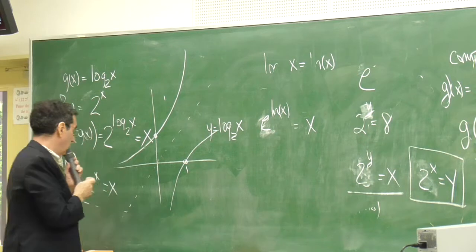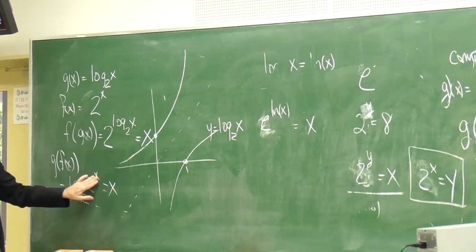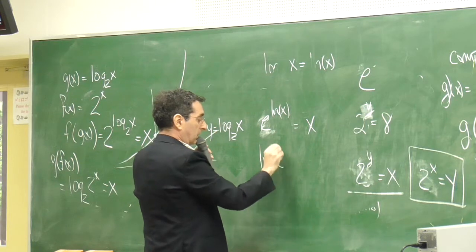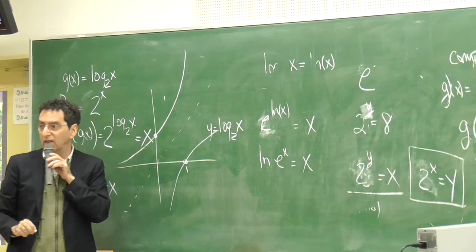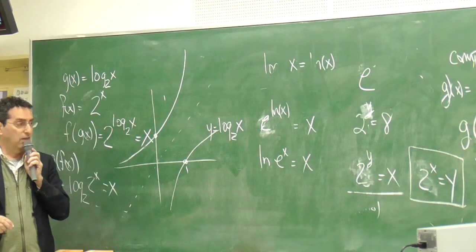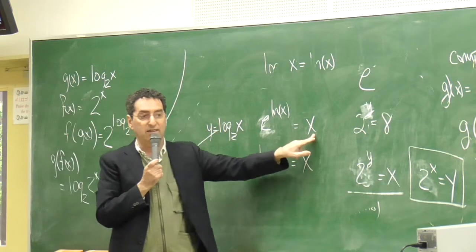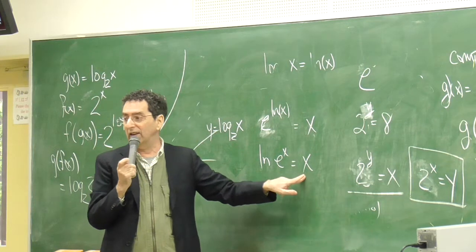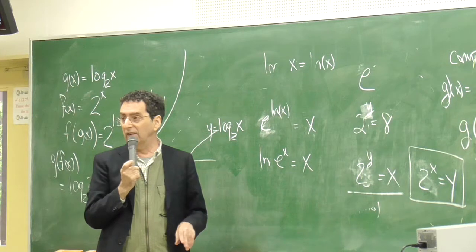And the other one, this one, is ln of e to the x. Ln of e to the x equals x. Okay? So if you do e to the x and then you do ln of x, you get x. And if you do ln of x on e to the x, you get x. Right?